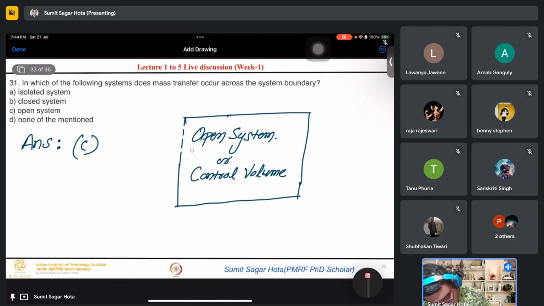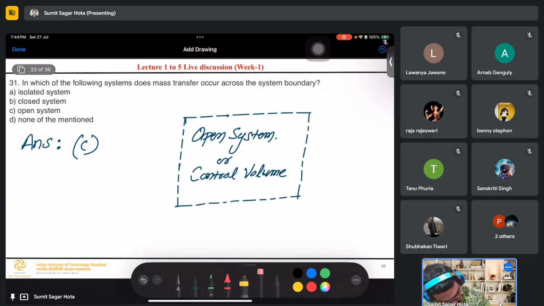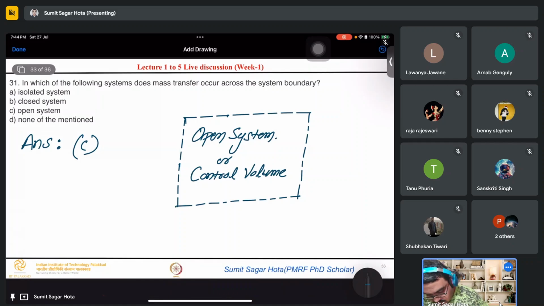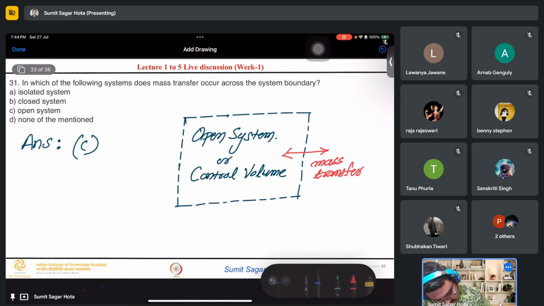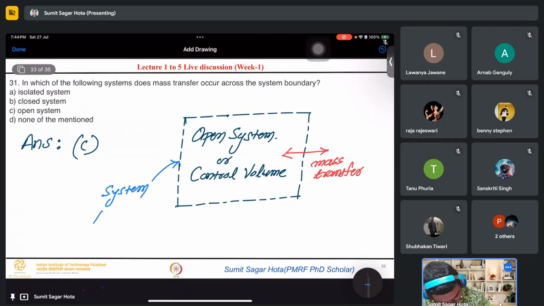We have to represent it through dotted lines, and through this the mass can transfer. And this is your system boundary.